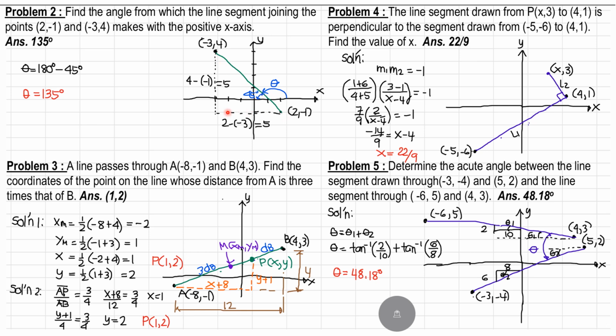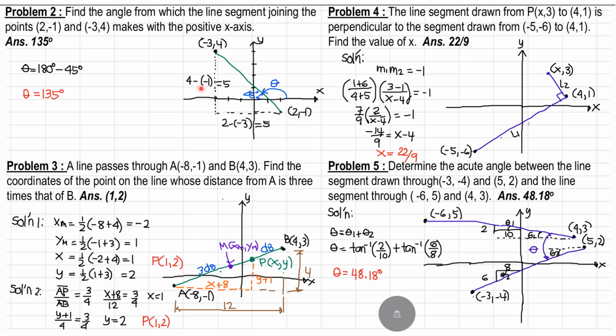Again, we compute the parts of this right triangle, the horizontal and the vertical legs. For the horizontal leg, to make it positive, it should be right x, which is 2, minus left x, negative 3. 2 minus negative 3 is 5. For the vertical leg, to make it positive, upper y 4, minus negative 1.